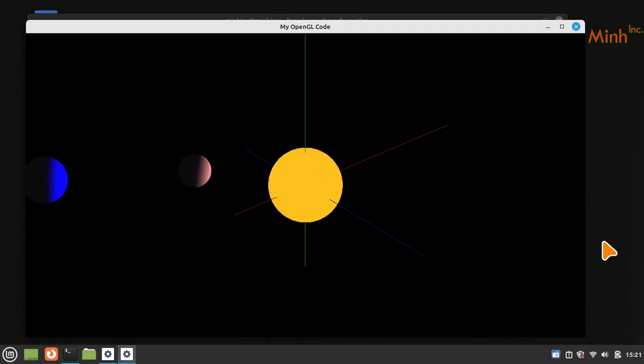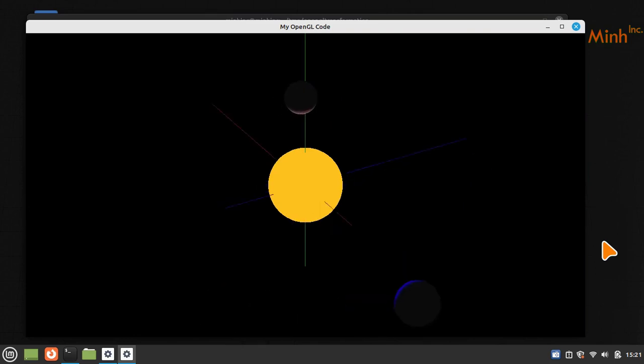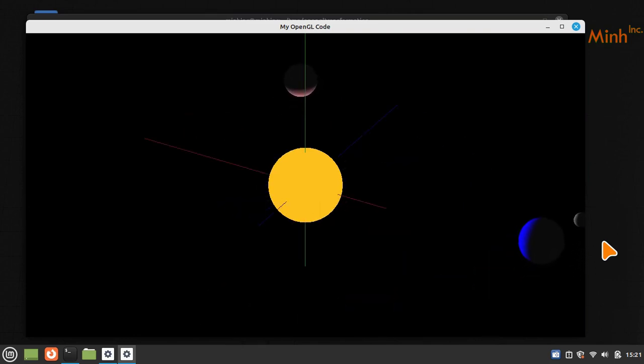Now Mercury is also showing the light. We can rotate more. So this is how Mercury is rotating in a different fashion than the Earth is rotating.